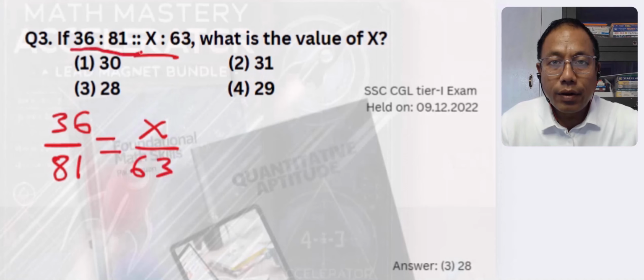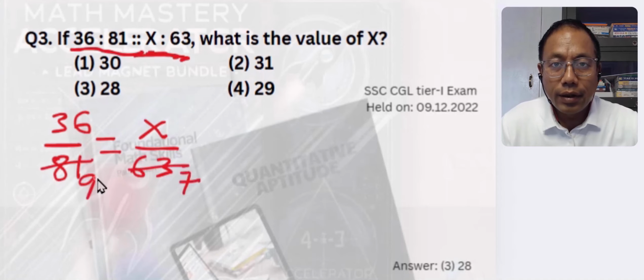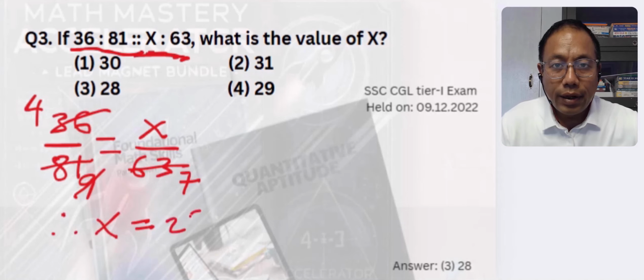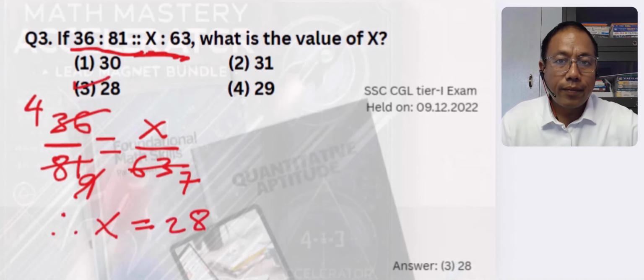Now cancel with 9. 9 9s are 81. 9 7s are 63. 9 4s are 36. Therefore, your x is 7 into 4, 28. 28 is option 3.